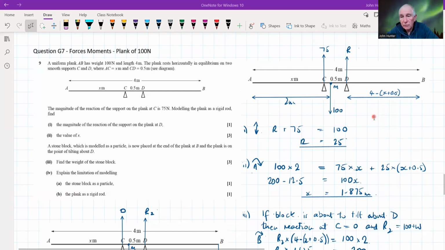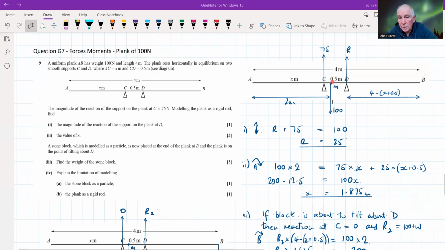Let's not forget the linear forces. We might get a bit carried away wanting to take moments about a point, but the linear forces might also be important, and so it is here in part 1, because if we look at the linear forces here, there is no acceleration in the vertical direction. In fact, the whole thing is in equilibrium.